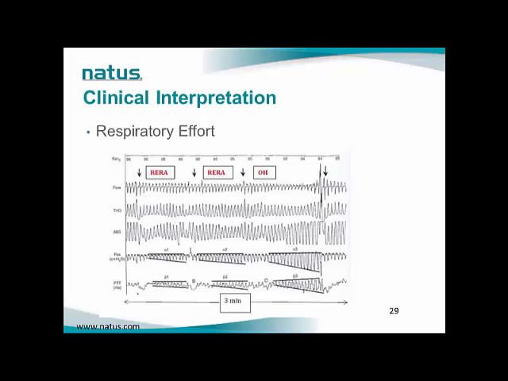In polygraphy studies, EEG is not recorded. If you have PTT signal, which is in the bottom, it will show a correlated arousal, and as it increases till the event is terminated, this indicates that these events are obstructive.